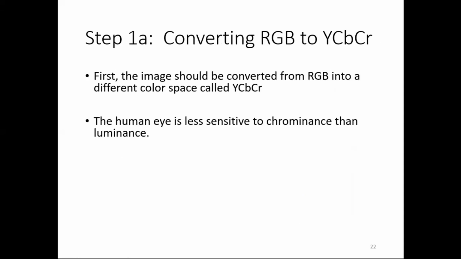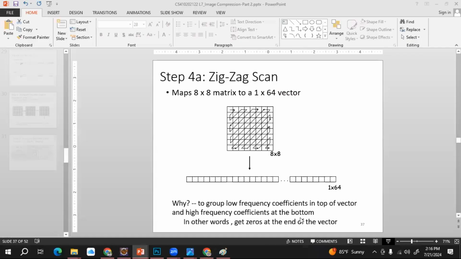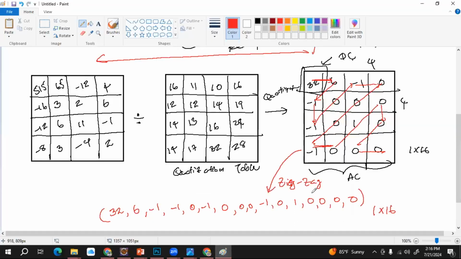What are the DC and AC factors? We call the very first pixel the DC, and the remaining ones are AC. We are applying differential pulse code modulation (DPCM) to the DC factor, then run length encoding to the AC factor, right?